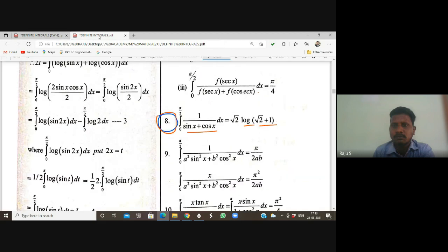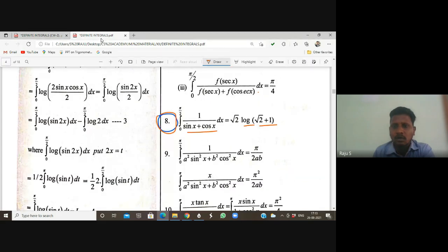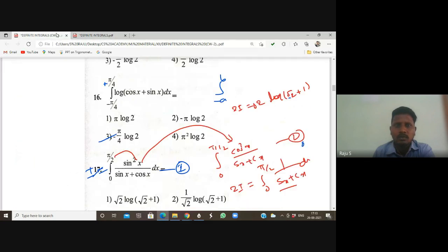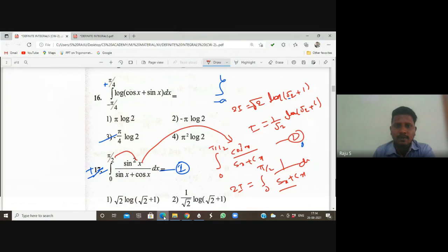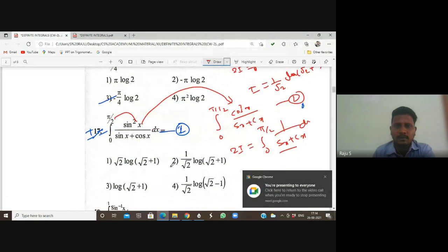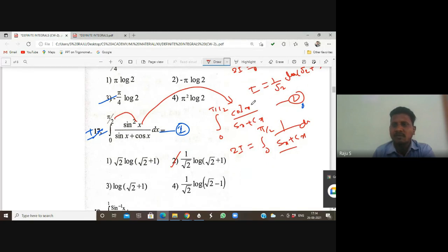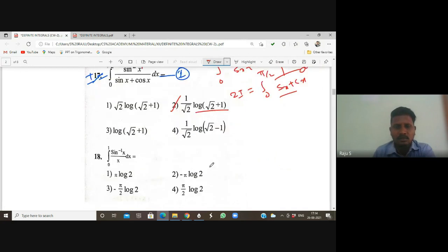Sorry, root 2 times. So when I cross multiply, it is 1 by root 2 log of root 2 plus 1. Which option is correct? Second option. So I applied the third property, and after that I substituted the value directly, and we got the answer. That's it, 2 steps.